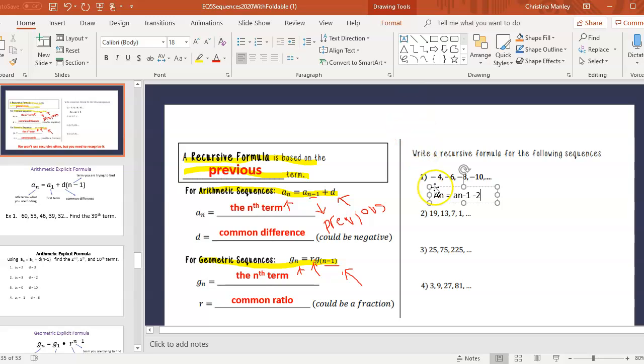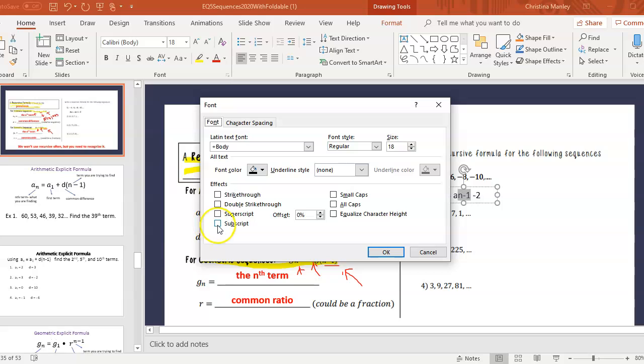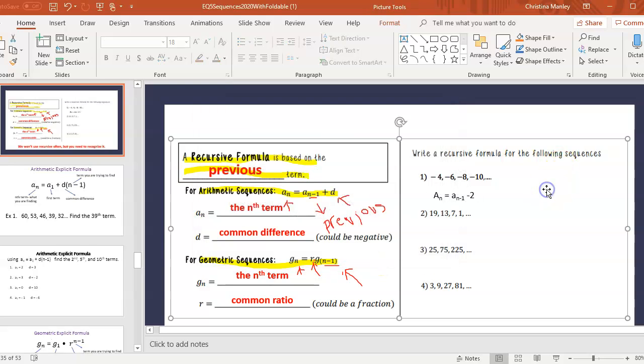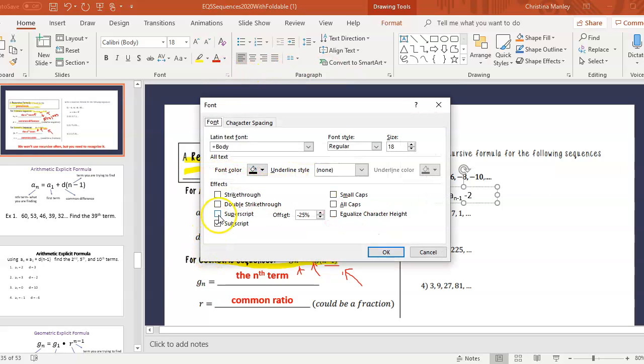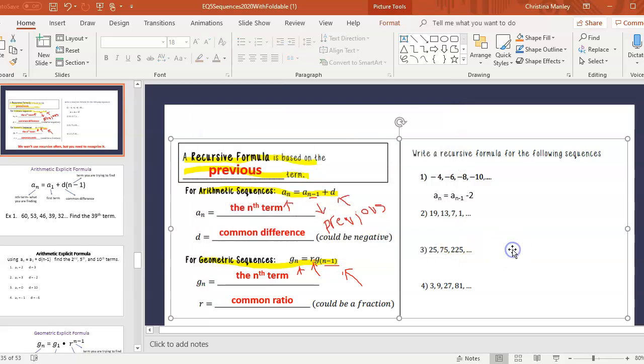I'm going to fix this to be subs. This one's going to look really weird until we actually use it to do something. It should be in lowercase a. So the formula you would write would be a sub n equals a sub n minus 1 minus 2.